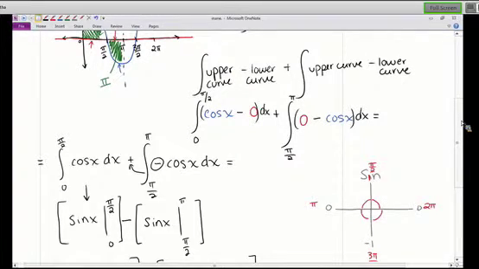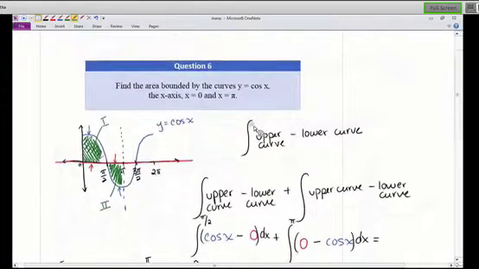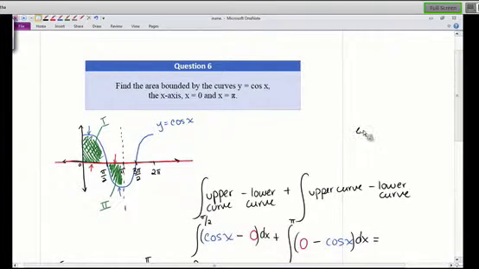Okay, well, when you're trying to find the area bounded by the curves, you're evaluating, what color can I use so that we don't get confused here? Let me do it in gray. So when you're trying to find the area bounded by the curves, you want to evaluate the integral of your upper curve minus your lower curve.